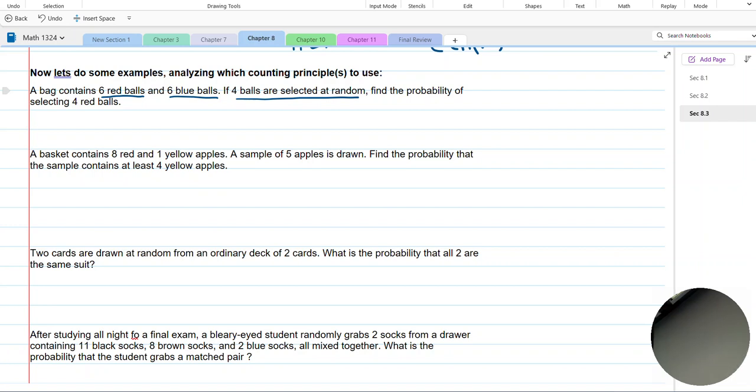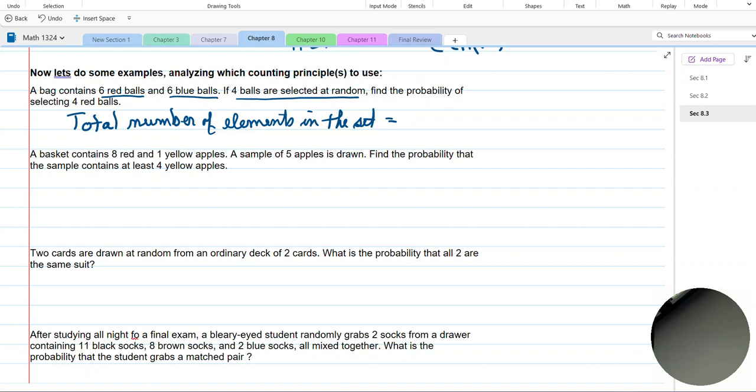Okay, in this counting principle, we would first have to figure out the total number of elements in the set.